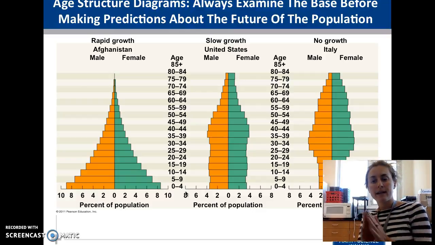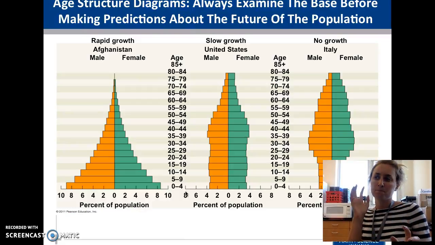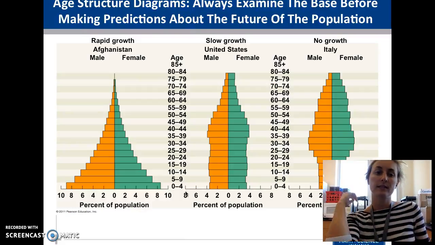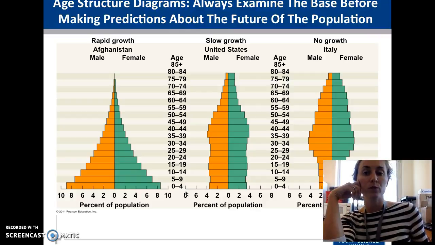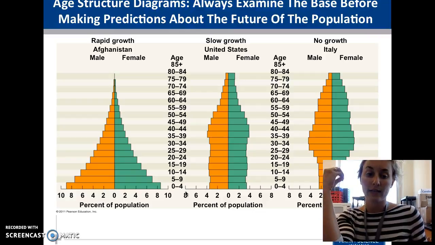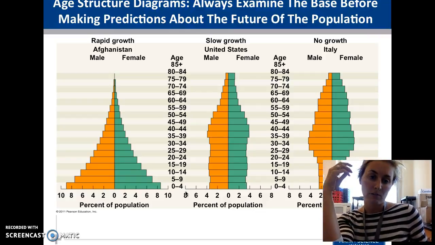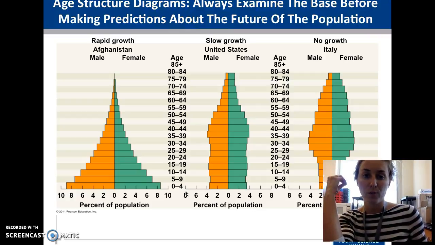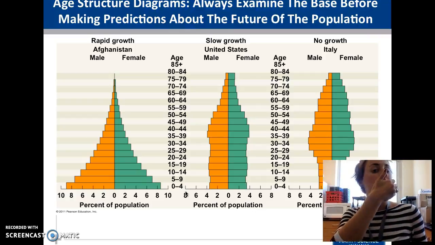The last thing to talk about when we talk about population is that these age structure diagrams are really useful for determining the future of my population. If we look at an interpretation of this, we see that it shows what percent of the population is in a certain age bracket. If I look at the very far left in Afghanistan, we see that the largest section of the population are from 0 to 4.